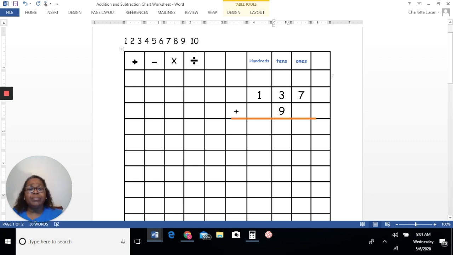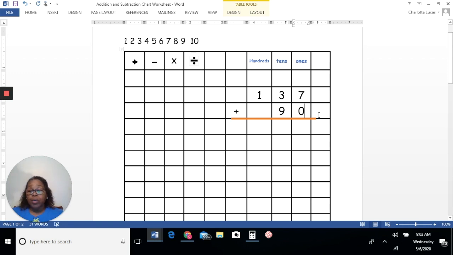No, we have to represent how many ones we have, even though in this case there are 0. When we're writing this number, everything on the left has to have a value. But if we're going to the right, and if for this number we don't have any hundreds, we don't have to put a 0. I know that's a little confusing, but this makes life easier. All right, so we put our number in, 90, and now we need to add it.